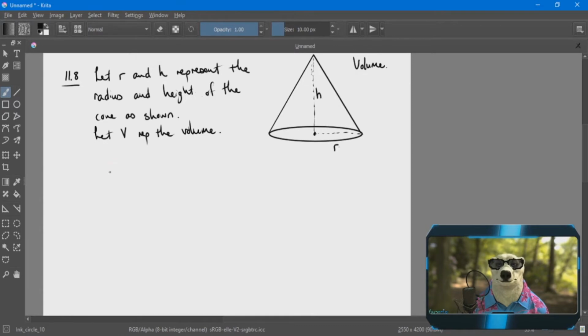So now we need to have an equation that relates these quantities, and it's going to be the volume formula for the cone. Well, you might not know what that volume formula is. It is 1/3 pi r squared times h.